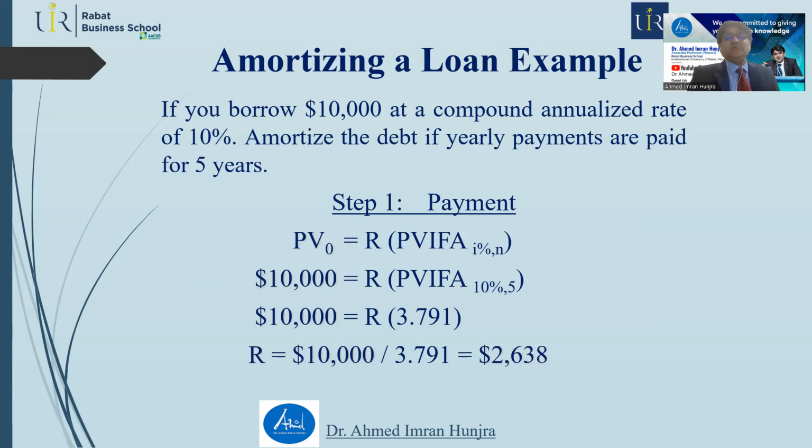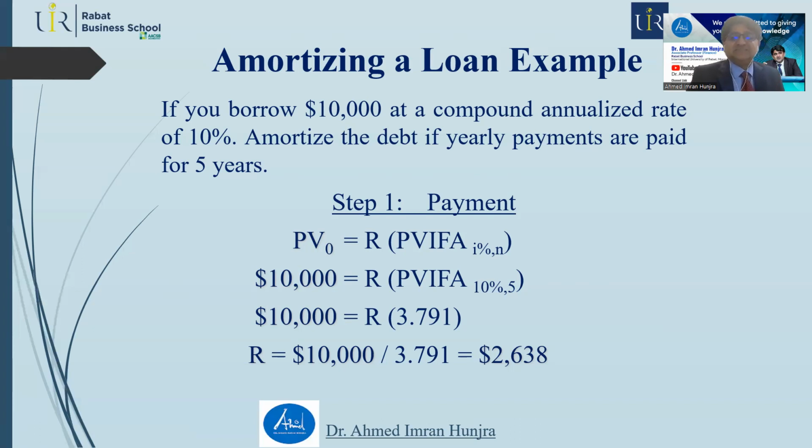We have an example: if I borrow 10,000 at the rate of 10% for 5 years, we amortize the debt if yearly payments are paid for 5 years. So it's a yearly payment, and I can have the amortization table.